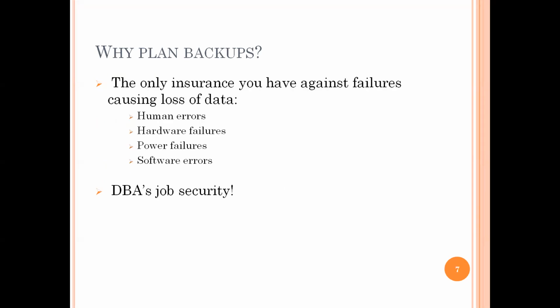It basically saves you from different kinds of errors: human errors, hardware failures, power failures, software errors. And obviously these backup utilities are there, which make our DBA life easy. If there was no backup utility, then you would have probably tried to figure out some other method to get the data back, or how to revert back the changes of the database.